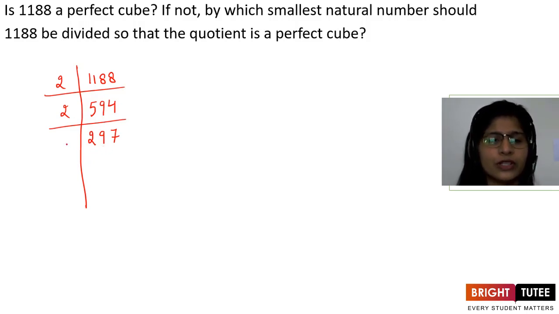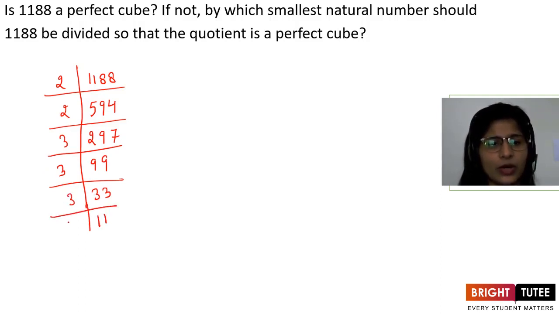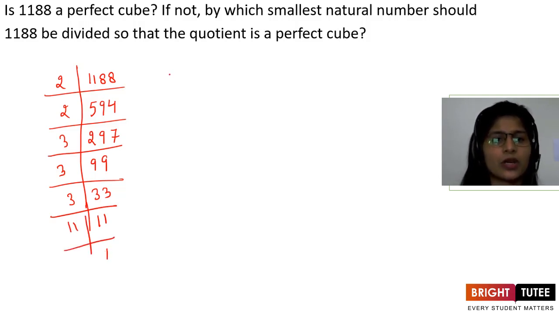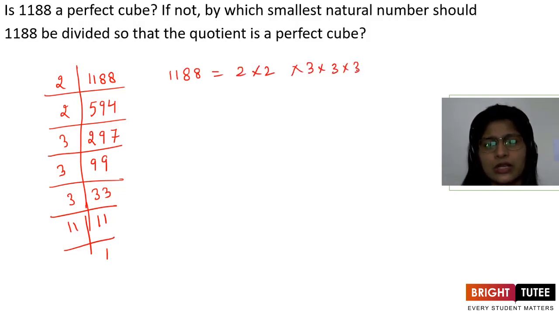No. With 3, let's try. 3 nines are 27, 2 is left, 3 nines are 27. And again with 3, 3 threes are 9, 3 threes are 9. Then we will divide again with 3, we get 11. That means 11 is the last number. Okay. So just to see what we have, 1188, we can write it as 2 cross 2 cross 3 cross 3 cross 3 cross 11.